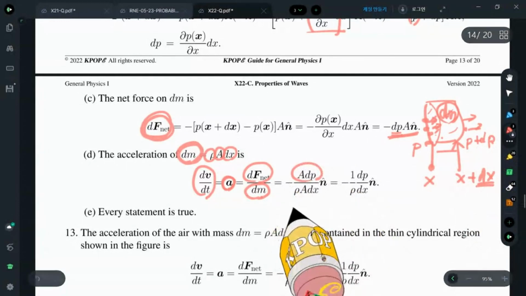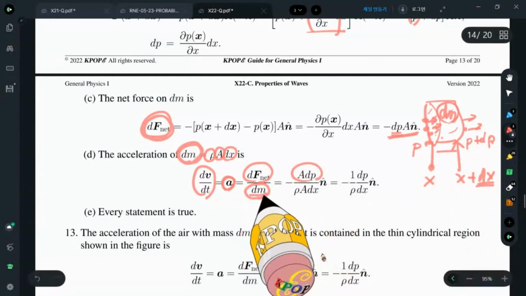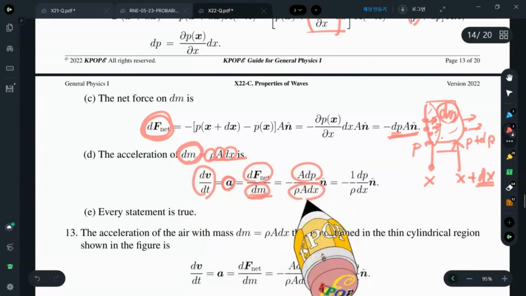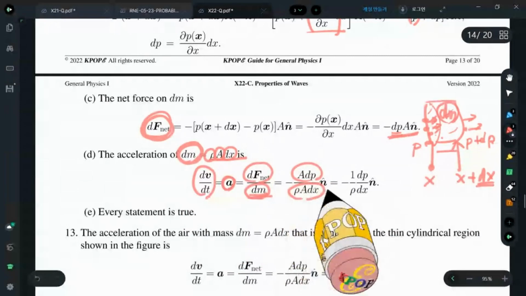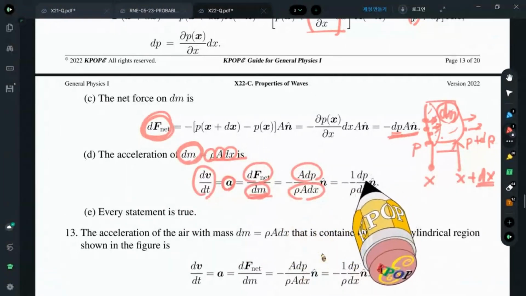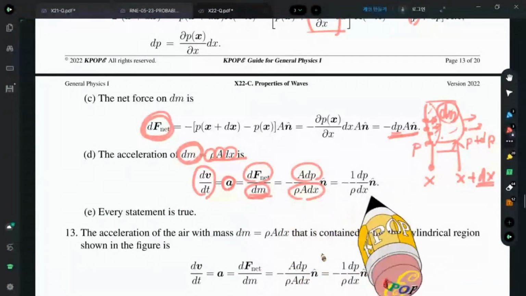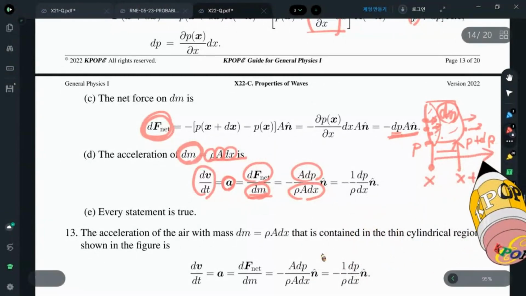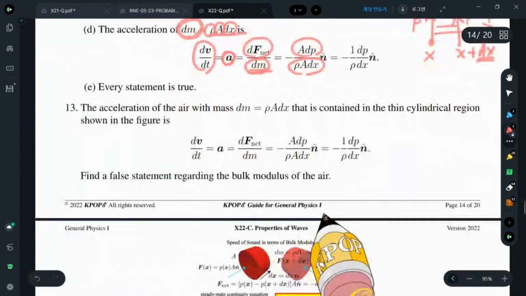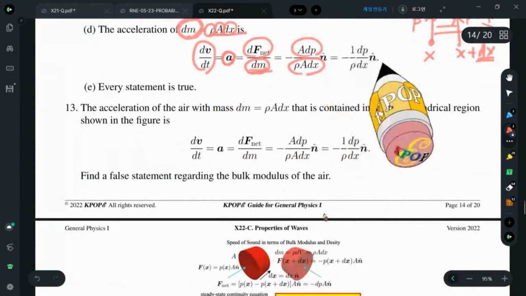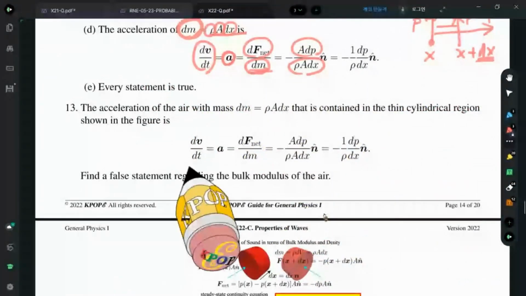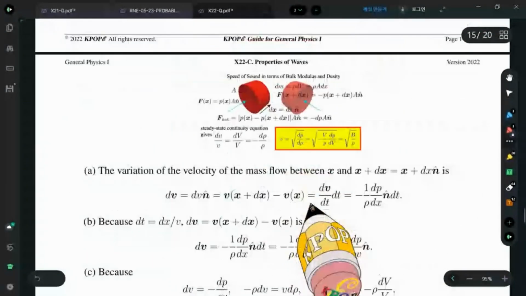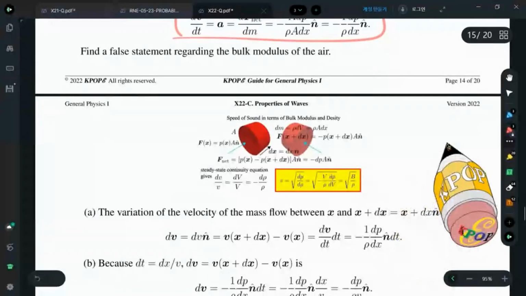And then we have the mass term, with mass substituted. A cancels, and we have 1 over rho times the pressure derivative with respect to the longitudinal direction x. This one is identical to this. We want to find the bulk modulus eventually.